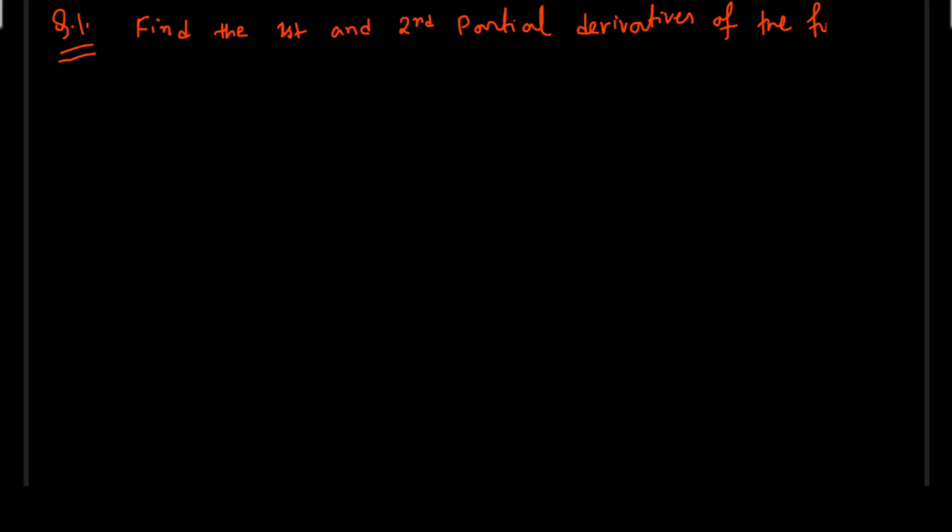Find the first and second partial derivatives of the function, where the function is given as z equals x cube plus y cube minus 3axy.